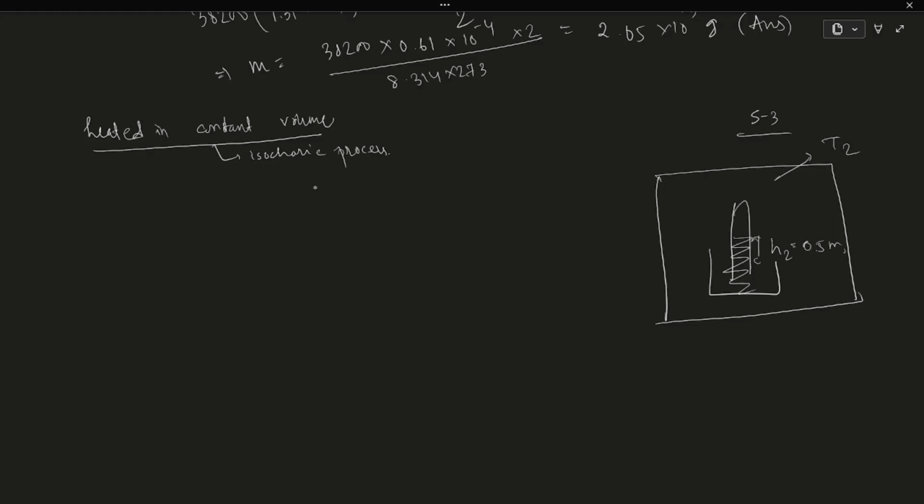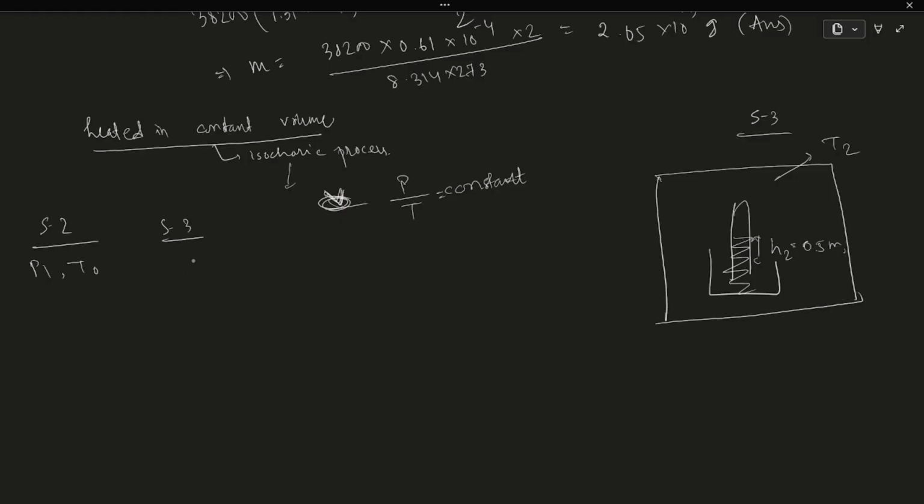As it is an isochoric process, the ratio of pressure and temperature will be constant. So suppose the previous one, system 2, has pressure P1 and temperature T0.